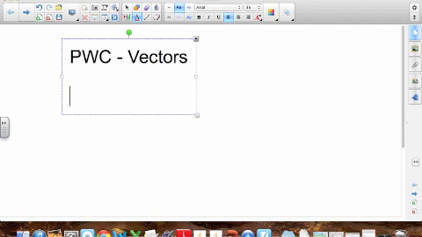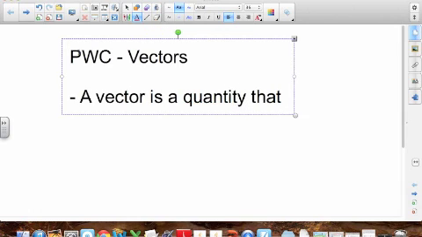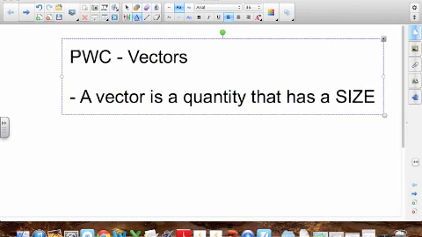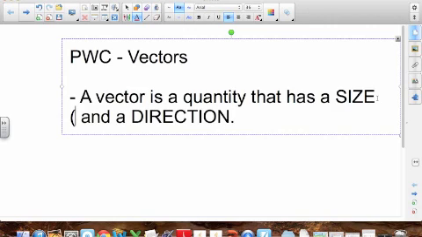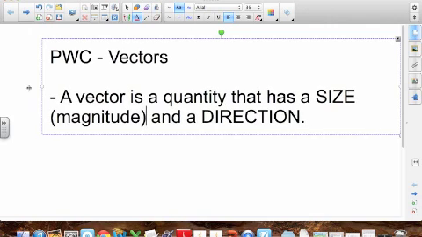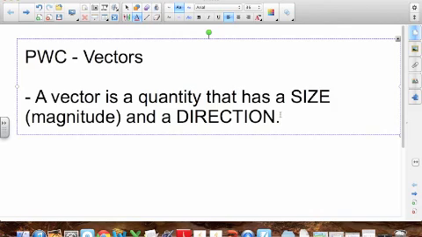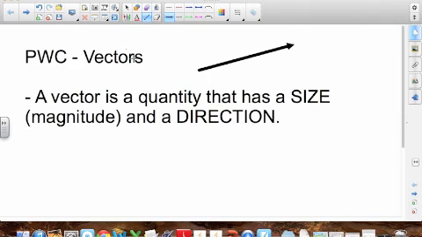Now, a vector is a quantity that has a size and a direction. Okay? And a slightly fancier word that we sometimes use for size is magnitude. Now, you've already seen plenty of examples of vectors, because we can represent vectors by an arrow.